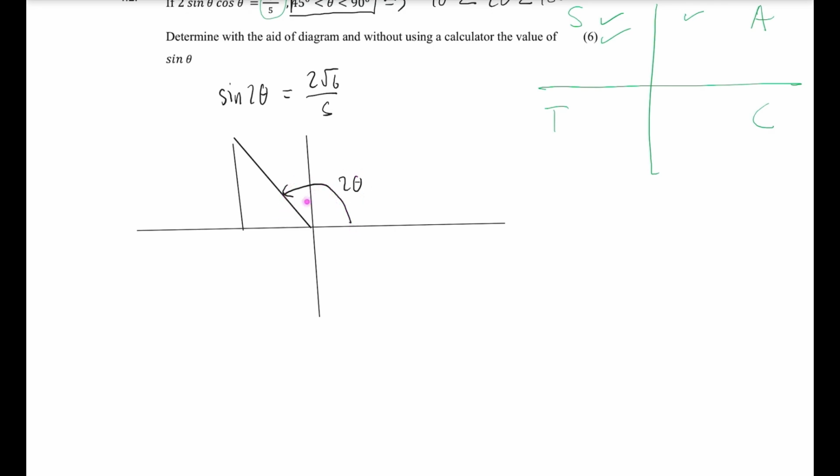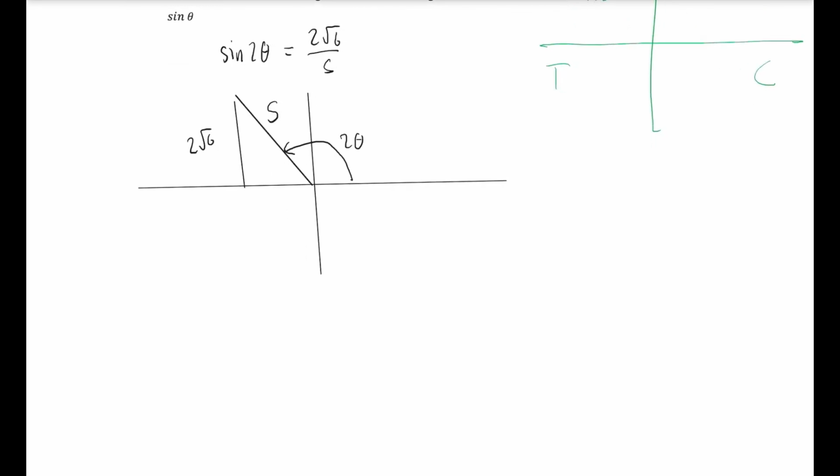Basically, sine 2 theta is going to be opposite over the hypotenuse, which means that here we have 2 root 6, which is our opposite, and here we have 5, which is our hypotenuse.